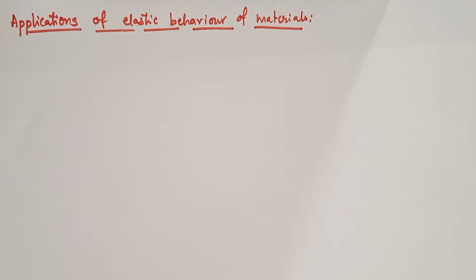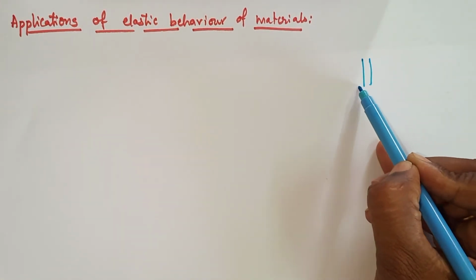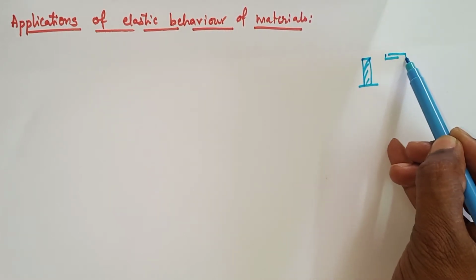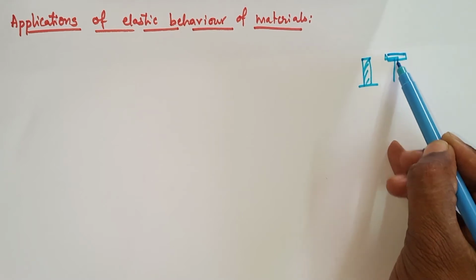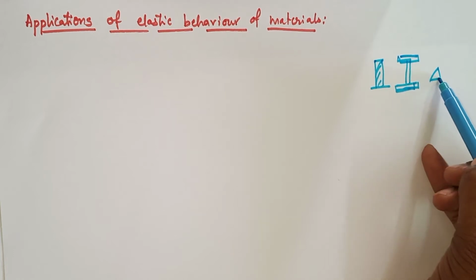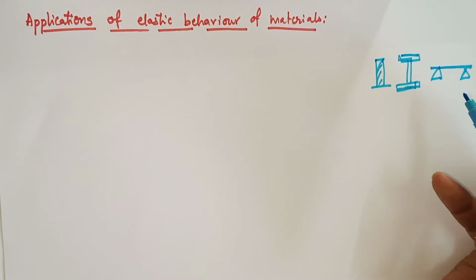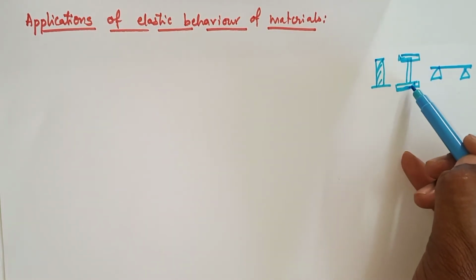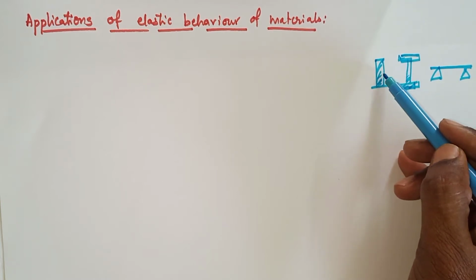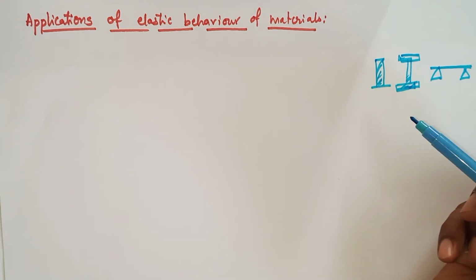Have you ever seen this type of beams and pillars? These are called pillars, we can say columns. Sometimes you see that U type of shape, we can say beams. We can say a simple support like this. I think most of you have seen the bridges or buildings, the construction of large multi-storey buildings.